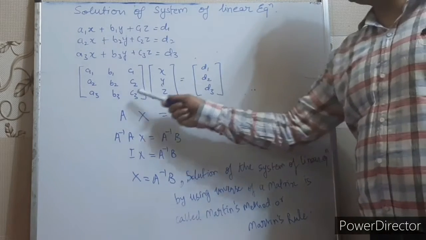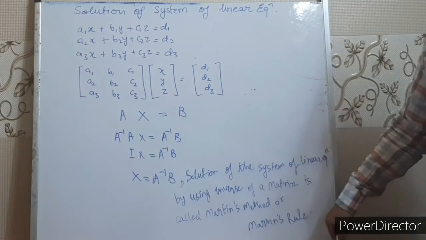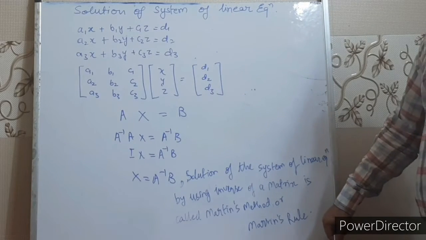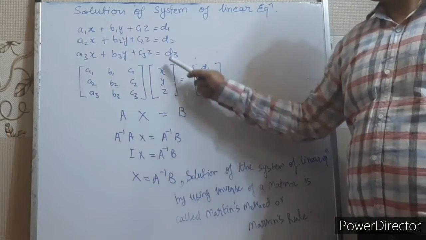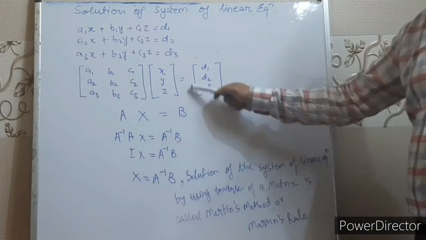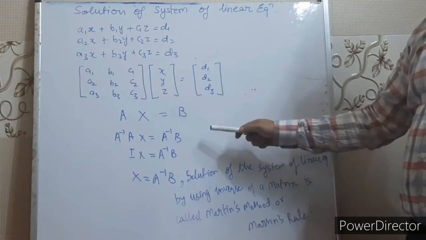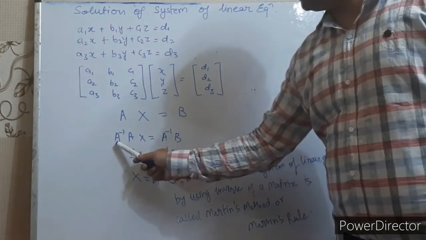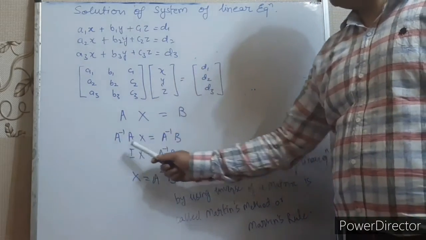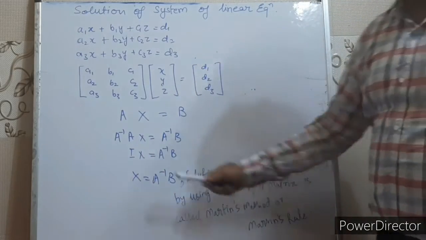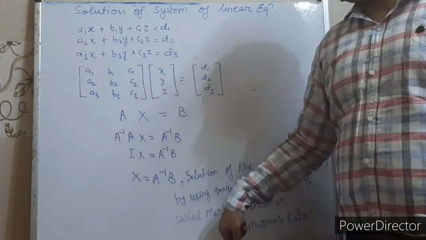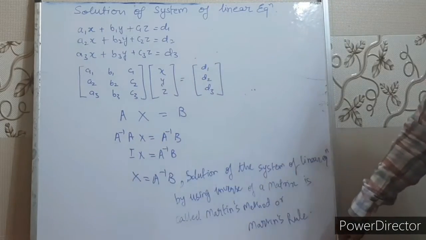It can also be represented by this product of matrices. Okay, children? Now, suppose this matrix is A, this matrix is X, and this matrix is B. When we multiply A inverse from the left-hand side, we'll get A inverse A into X equals A inverse B. We know that, children, A inverse into A equals the identity matrix.